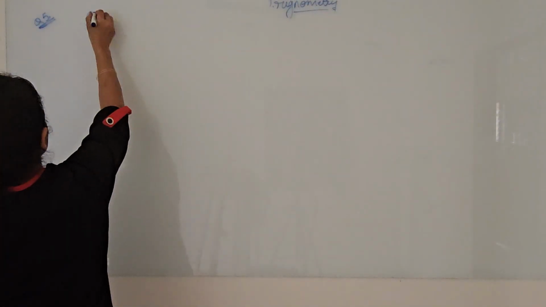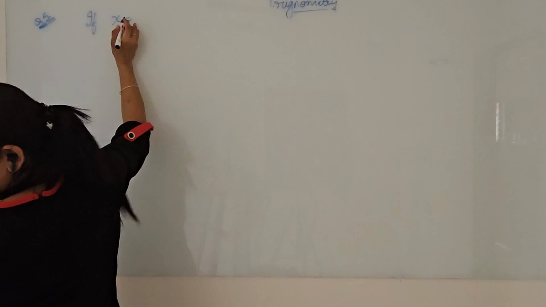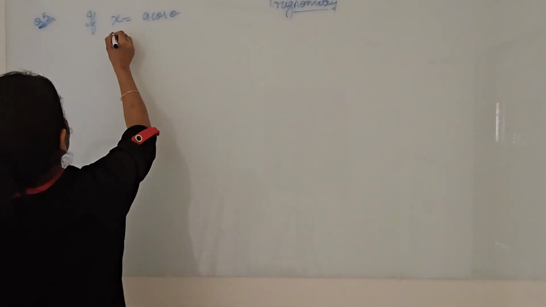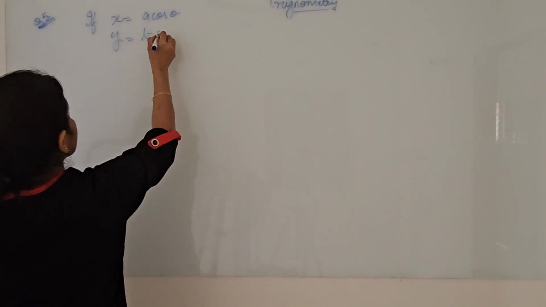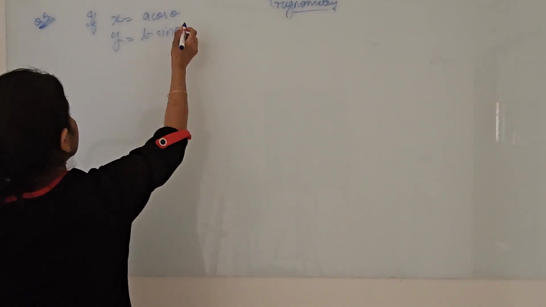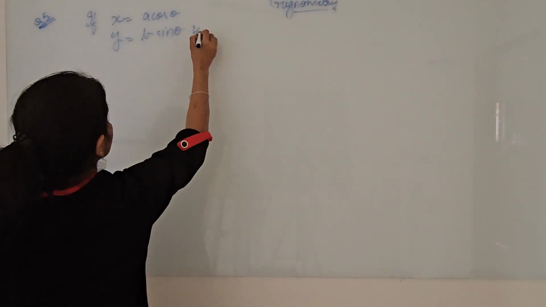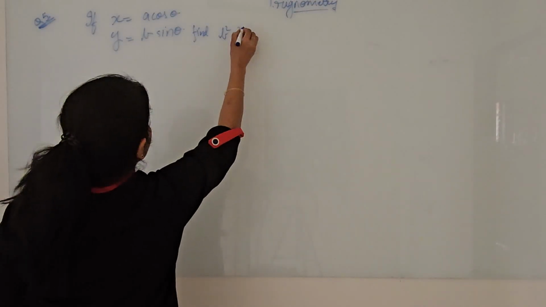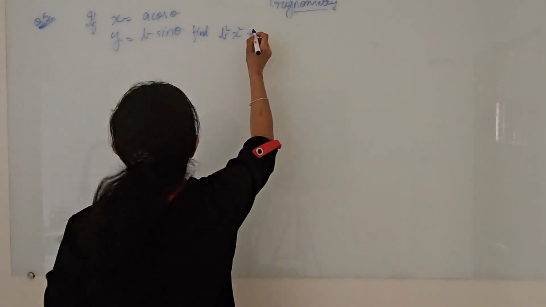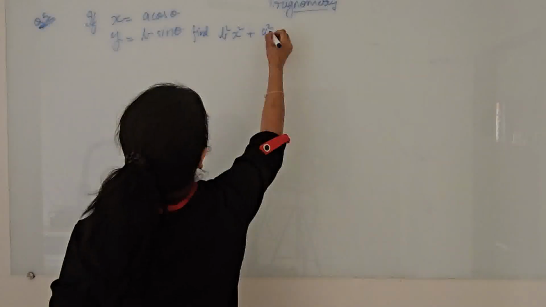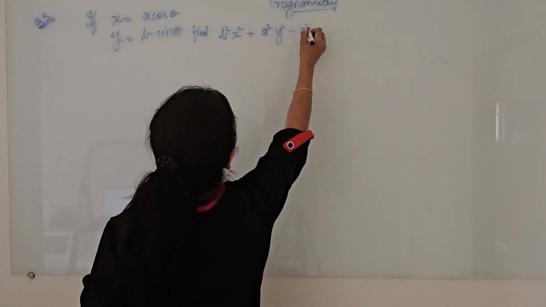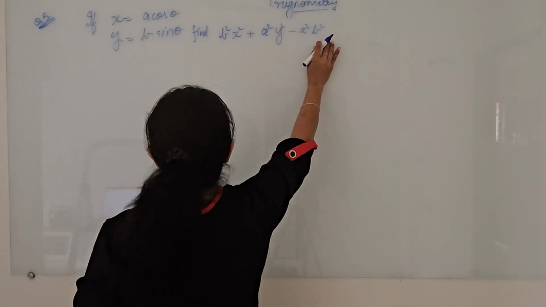This question says that if x is equal to a cos theta and y is equal to b sin theta, then we have to find b square x square plus a square y square minus a square plus b square.